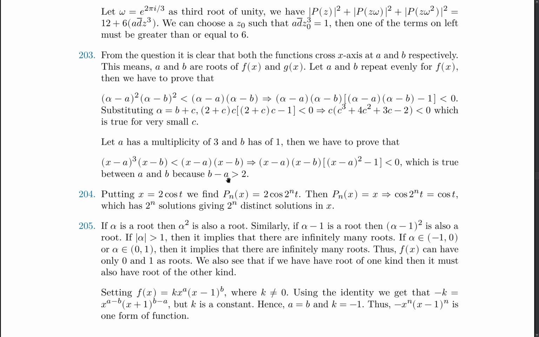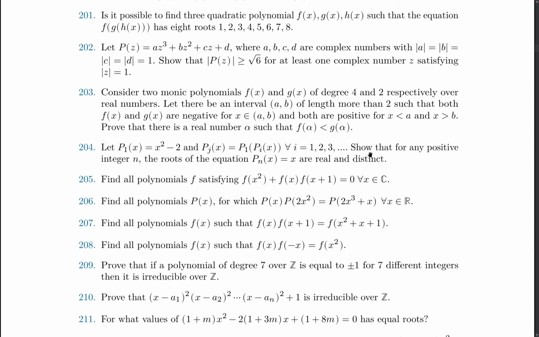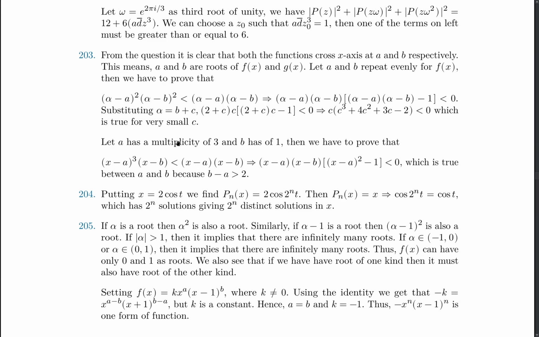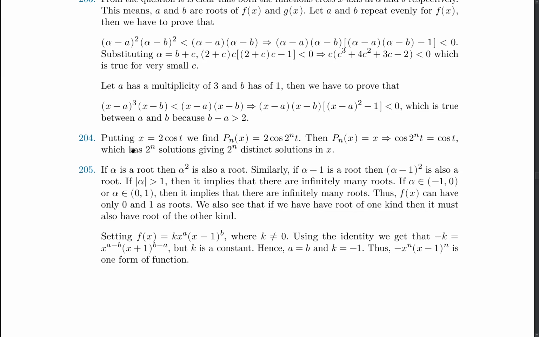Question 204 says that let P1 of x is equal to x square minus 2, and P_j of x is equal to P1 of P_i of x, where i is equal to 1 to 3 and so on up to n possibly. Show that for any positive integer n, the roots of the equation Pn of x equal to x are real and distinct. So what we do is we try to put something like x is equal to 2 cos t.